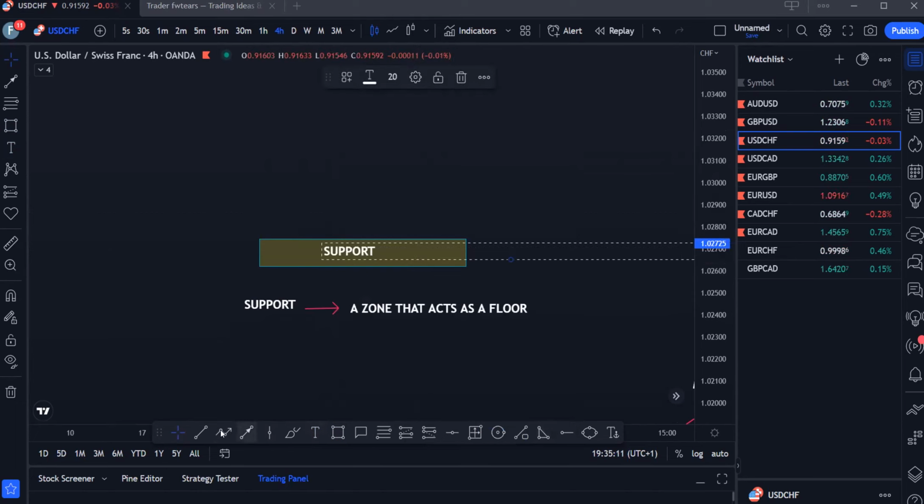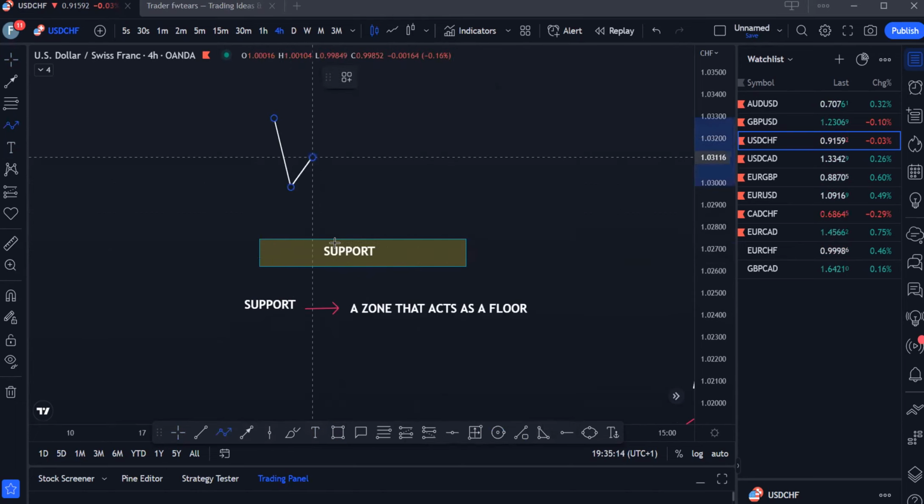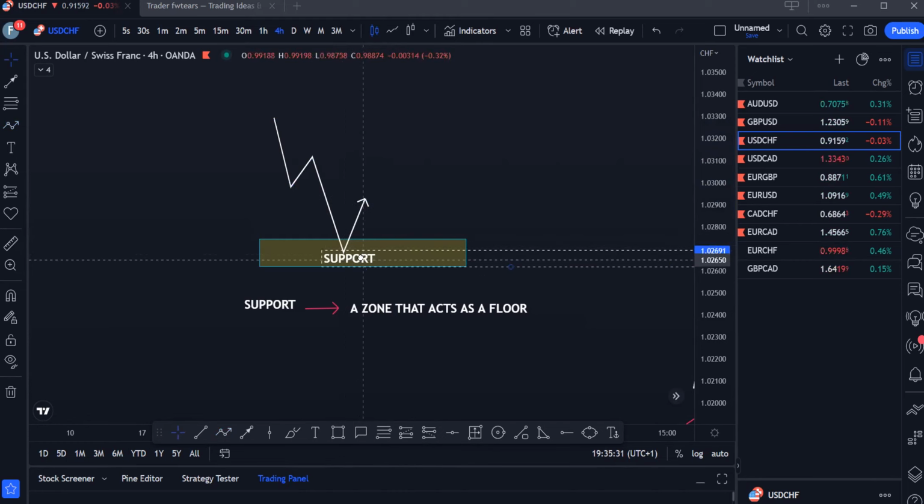Okay, so it's a zone in the market that acts as a floor. So what does a floor do? Okay, price does not go beyond the floor. So a floor would send back, would change, would reverse the trade. Okay, it acts as a floor, support.